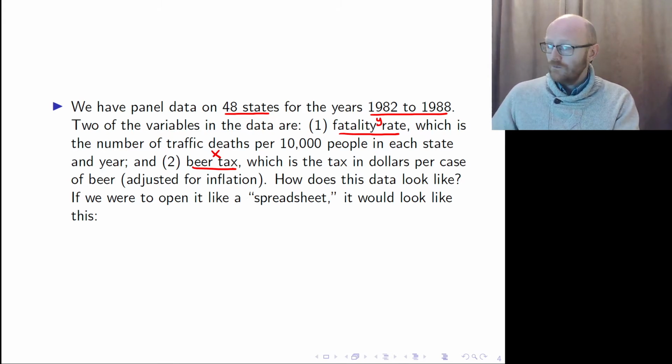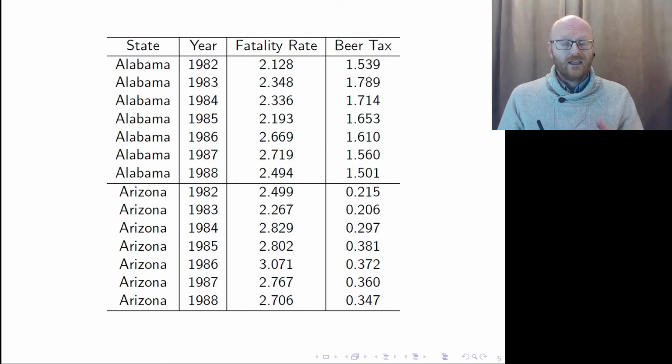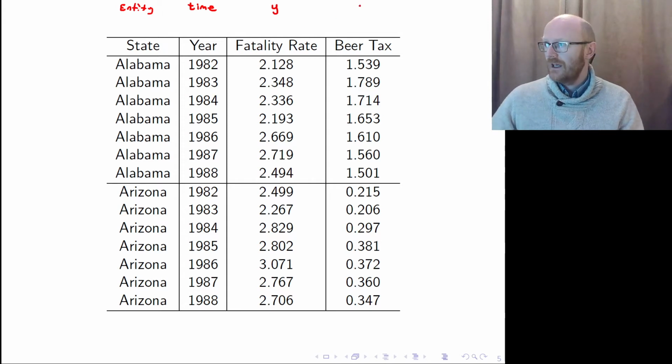So what would this data look like? How would it be organized? Well, we would have our entity here and our timestamp here, and we would have one column with the y variable and one column with the x variable.